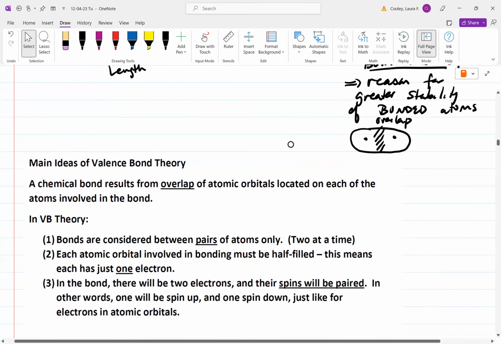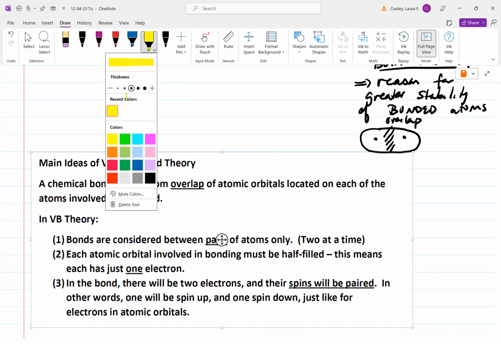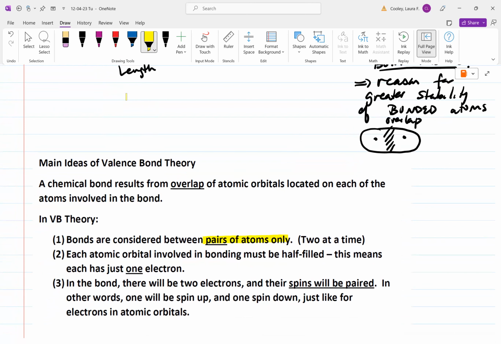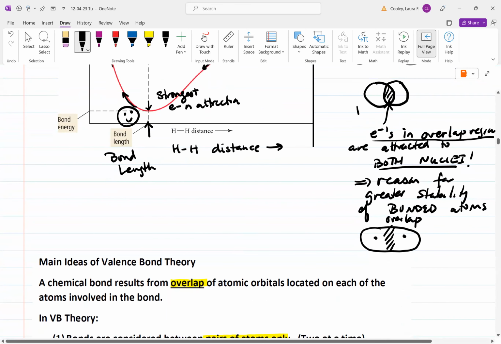Okay, so some of these ideas that are written down here I've already said. Bonds are considered between pairs of atoms only, two at a time. The chemical bond results from overlap of atomic orbitals. So we have the overlap of the 1s's in this case, a 1s and a 1s.